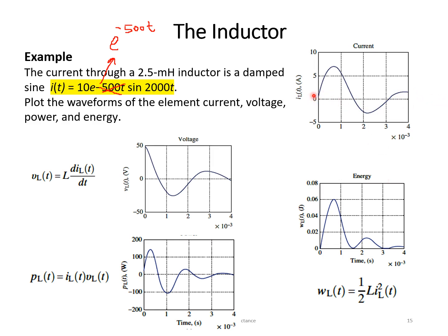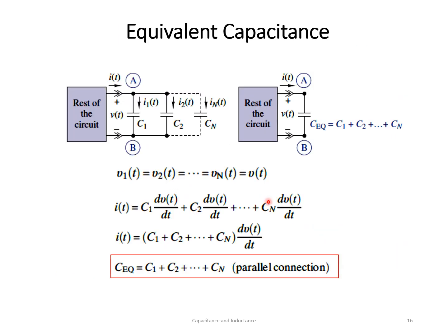The square of a positive term is positive, and it is reproduced over here, but the square of this negative term from here to here is also positive. Therefore, irrespective of the polarity of the current, i square will always be positive. Therefore, this is the energy level. So the energy level is increasing, decreasing, increasing, decreasing, and so on and so forth.